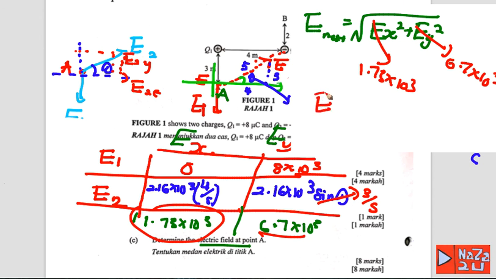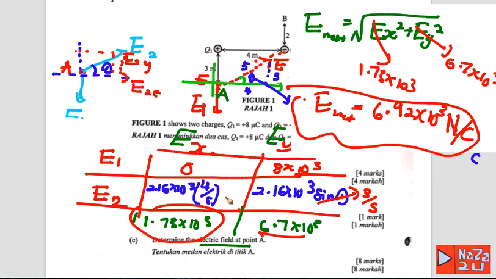So you can find the net electric field at point A is equal to 6.92 times 10 to the power of 3. The electric field unit is newton per coulomb. So this is the answer for part C.